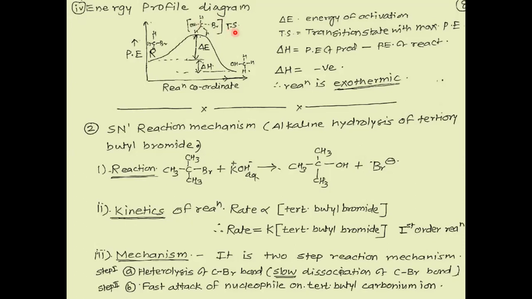For this transition state, the maximum energy is contained; here the potential energy is maximum. The greater the energy, the less the stability.